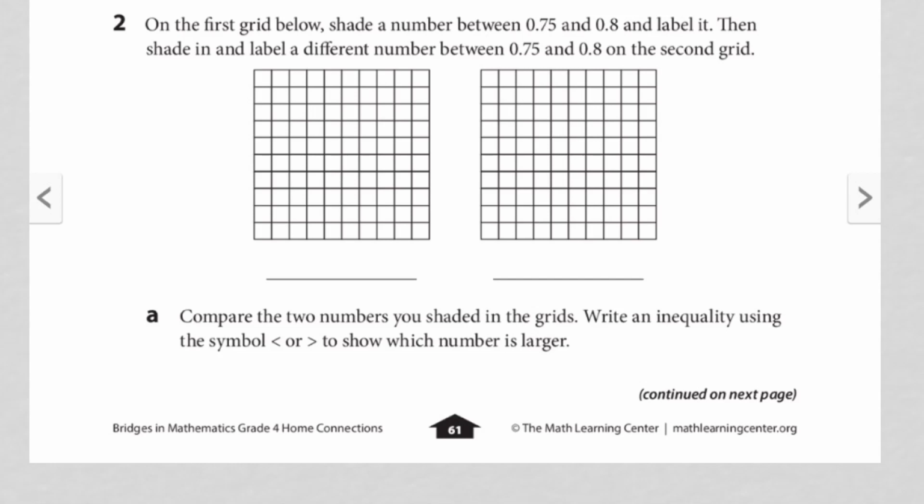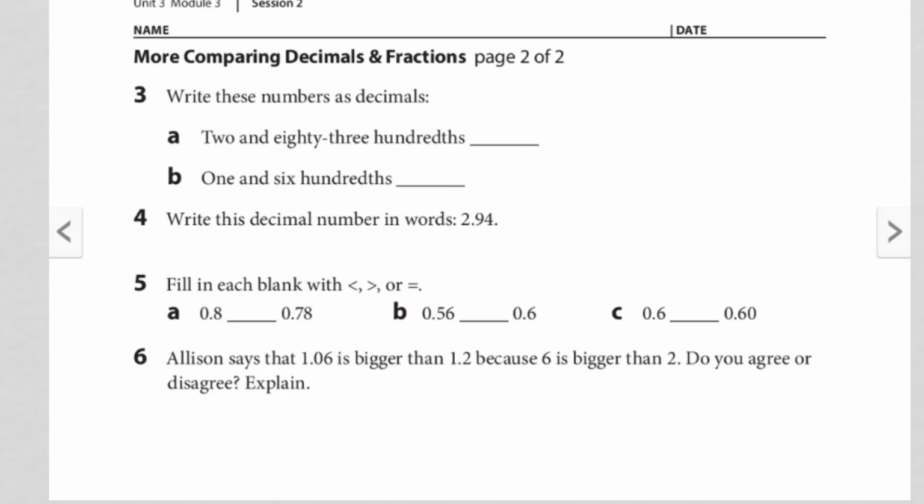So if I were to make a little number line right here, we have 75 hundredths here and we have 8/10 over here. We need to pick something between 76, 77, 78, or 79. So maybe over on this side we'll say 76 hundredths, and over here we'll say 78 hundredths. They just need to shade it in, and then we need to prove that 78 hundredths is bigger than 76.